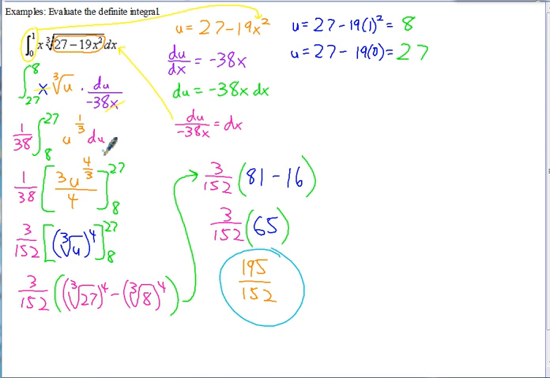And there may be a problem on the AP test, they have had one in the past, where you would actually end up with a wrong answer. If all your choices are just up to this step, and you have left that 0 to 1, that would actually be considered incorrect, because technically these have to be in terms of u.